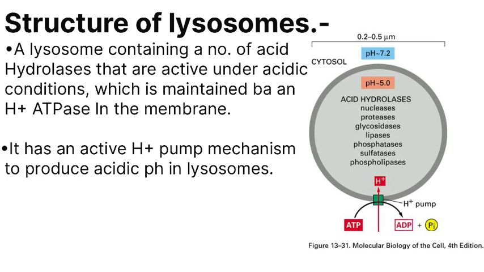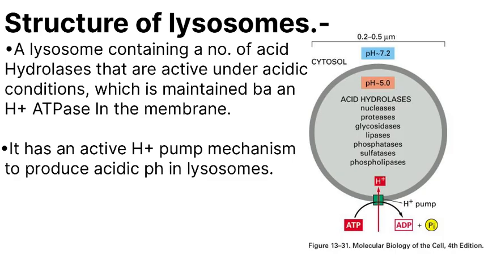So now we have the structure of lysosome, and if you look at this diagram of lysosome, which is about 0.2 to 0.5 micrometer in size, with a pH of 7.2 in their cytosol.